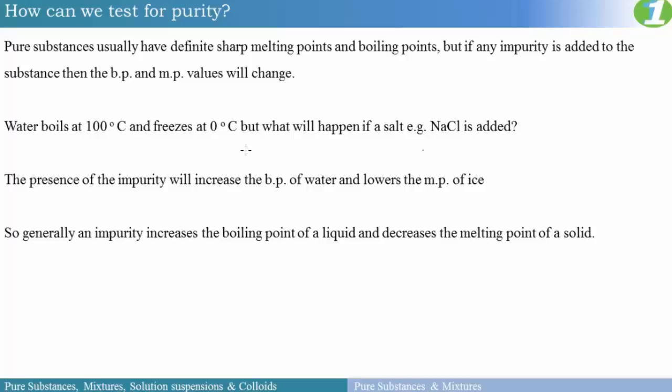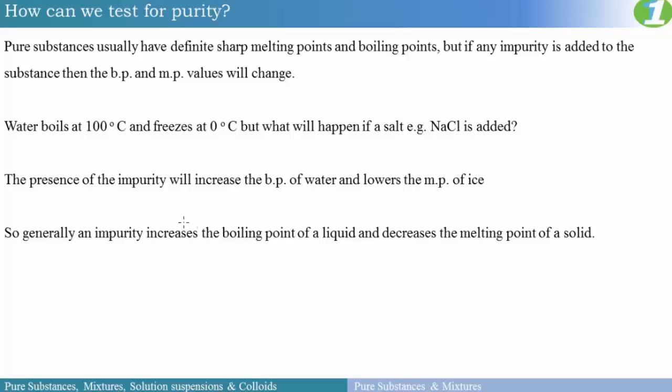Now, if salt is added to this water, then it will not boil at 100 degrees but at a higher temperature. If you freeze it, it will not freeze at 0 degrees Celsius but at a lower temperature. We're saying then that the presence of impurities increases the boiling point and lowers the melting point.